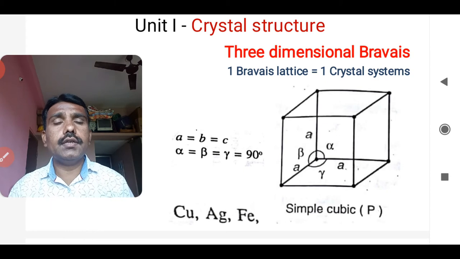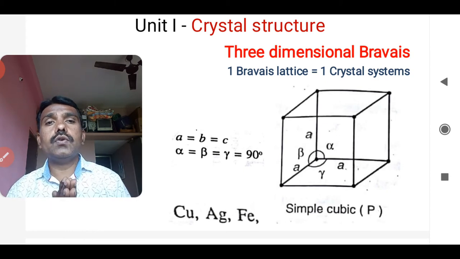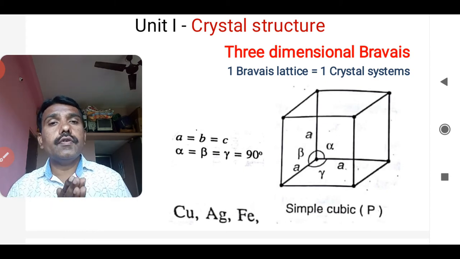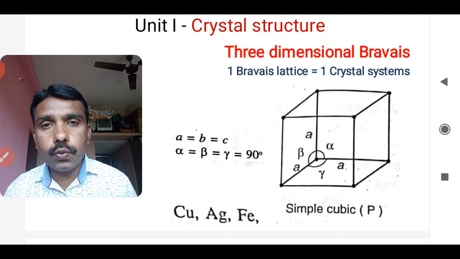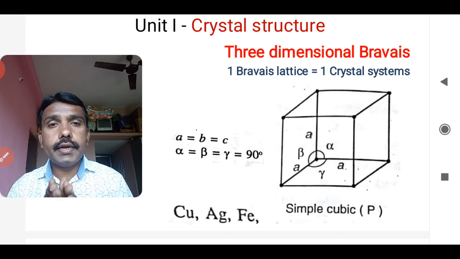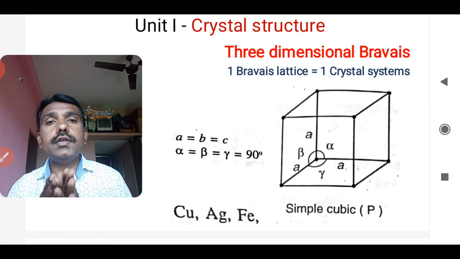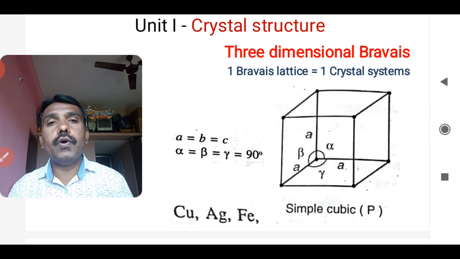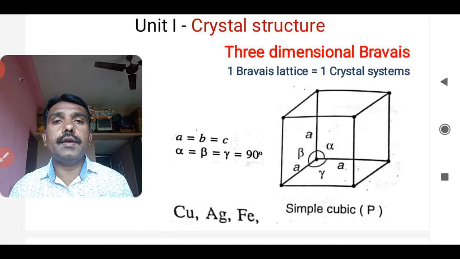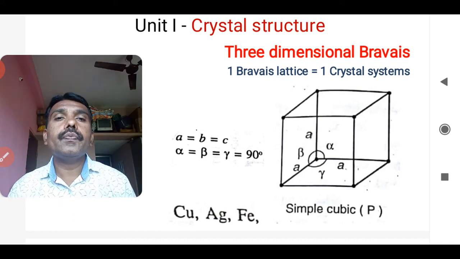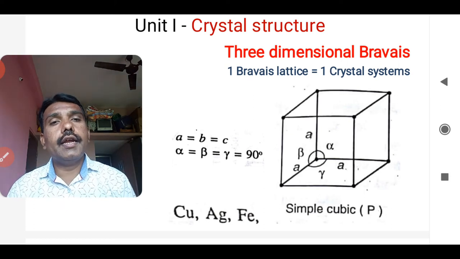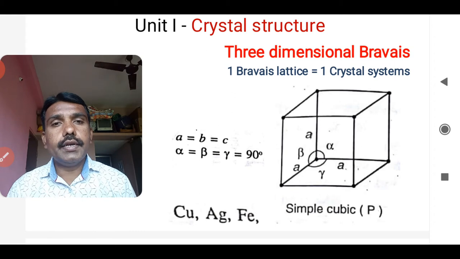In the three-dimensional case, a Bravais lattice is a lattice which follows the point groups, and in three dimensions there are 32 point groups possible. The lattices consistent with these 32 point groups are called Bravais lattices, and 14 types of Bravais lattices are possible in three-dimensional lattices.